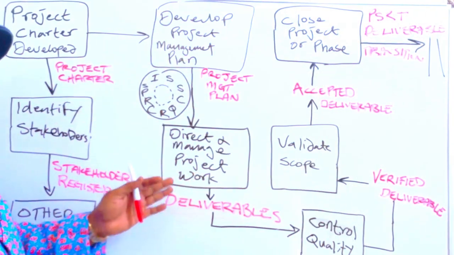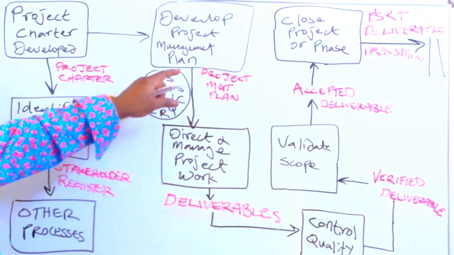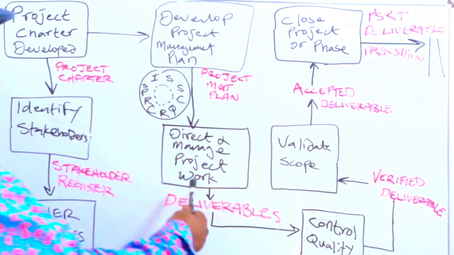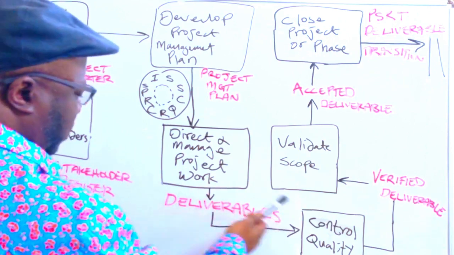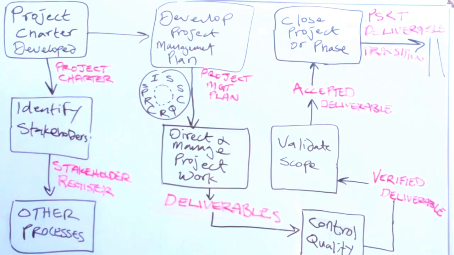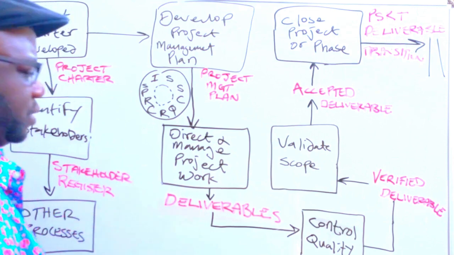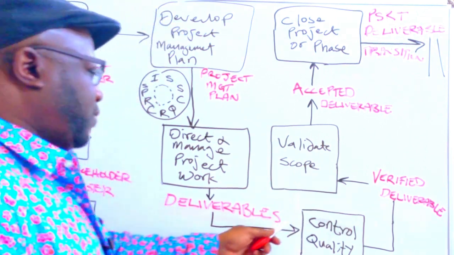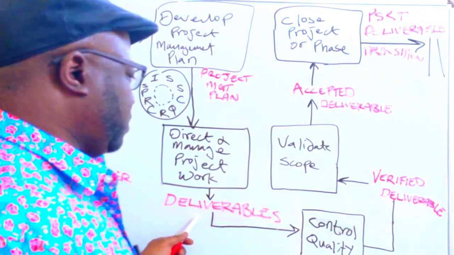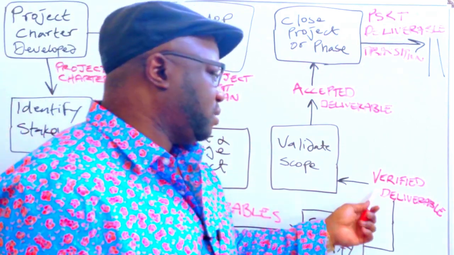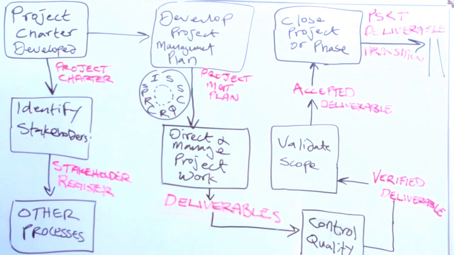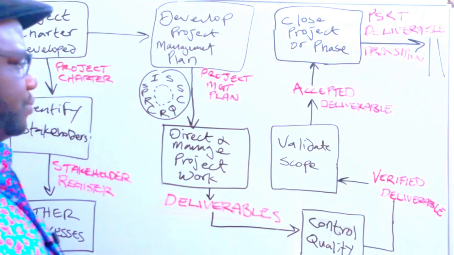As we plan, we get work done too. So we take our plan and it becomes an input to direct and manage project work. The team works hard, and at some point, we get our deliverables out. The deliverables become an input to control quality because these folks need to inspect the deliverables to ensure that it is indeed verified, it is indeed defect free, it's something that the customer will most likely accept.